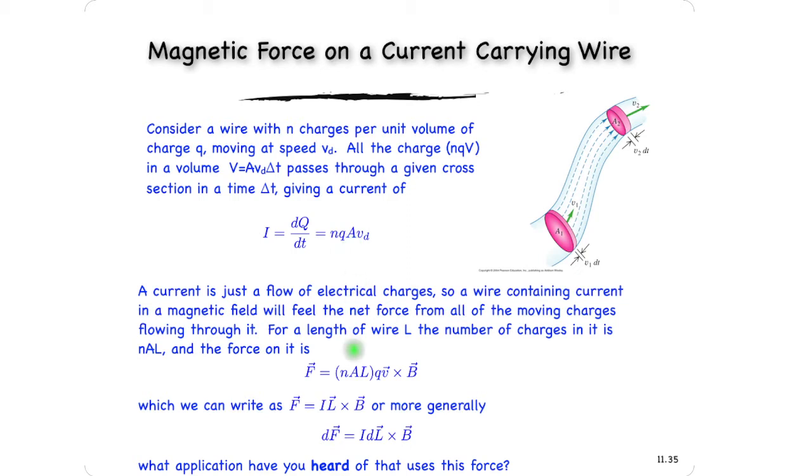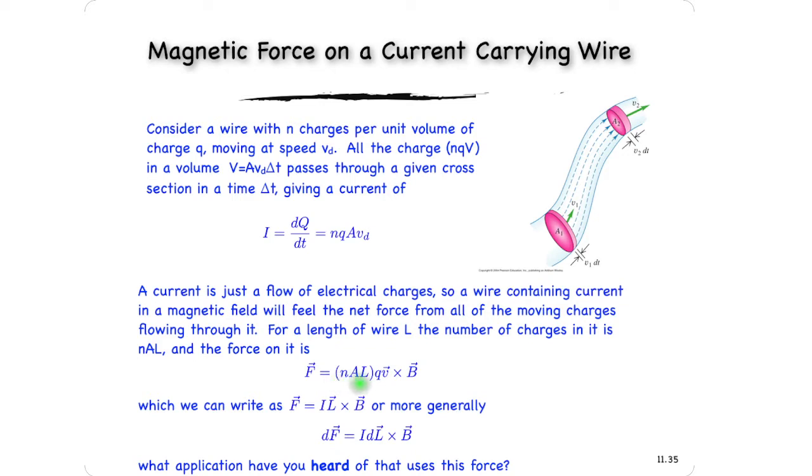Okay, so what we'd like to do is take the total number of charges in the wire, right? That was up here, nq times the volume, and the volume was A times the length of the wire, times v cross B. So the total charge times v cross B should give us the total force on the wire, because the force on a moving charge is qv cross B, and here we have nAL moving charges.